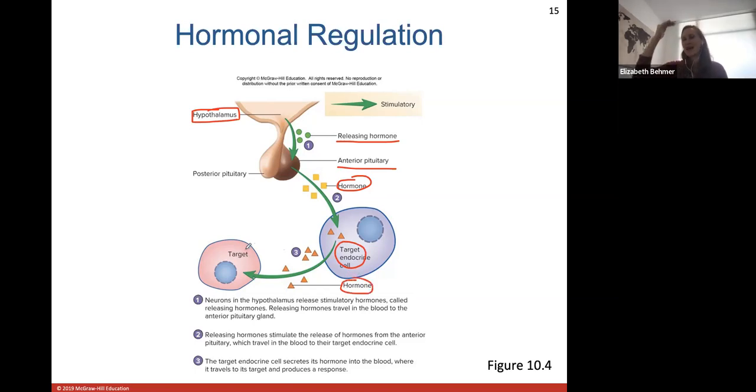So we kind of have this ladder of control or a chain of command where one endocrine gland releases a hormone that controls the release of hormone from another endocrine gland that eventually causes the release of the hormone that we want to reach our target cell. So that's called hormonal regulation as well.